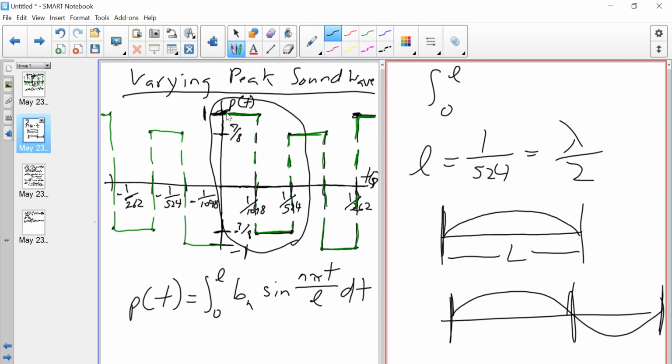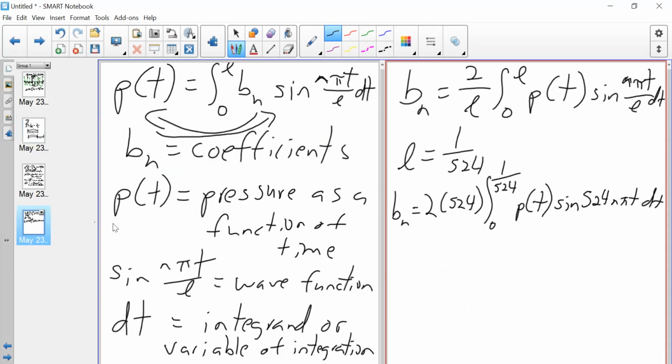So how we're going to integrate this is from the highest peak to the lowest peak over the distance L. So the highest peak is at 1, minus the lowest peak, minus 7/8, times 2 over L. So let me go back here.